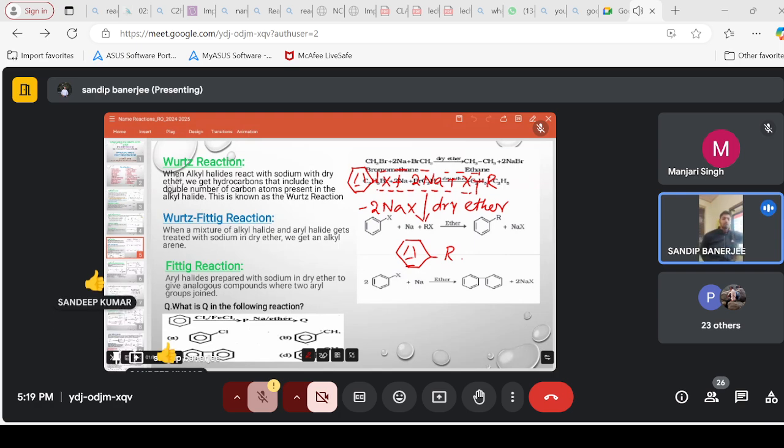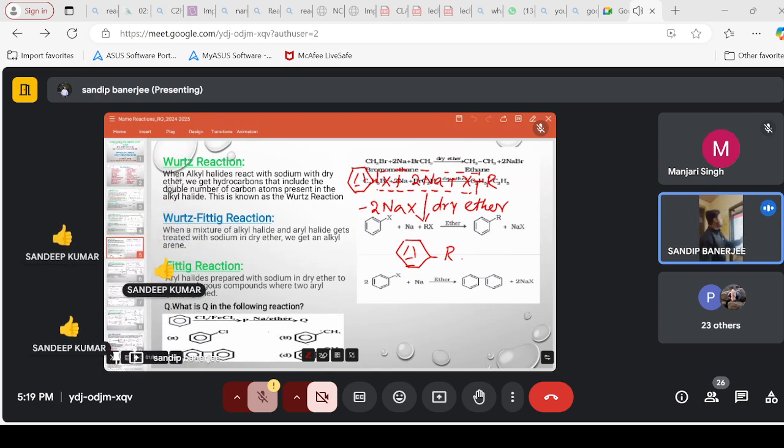This kind of mixed hydrocarbon formation, with both aromatic and aliphatic systems involved, is the Wurtz-Fittig reaction.